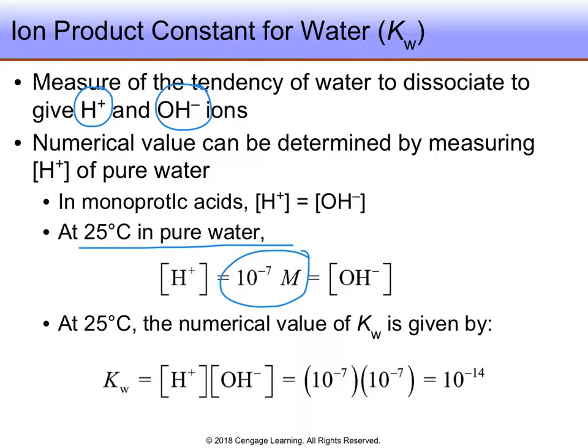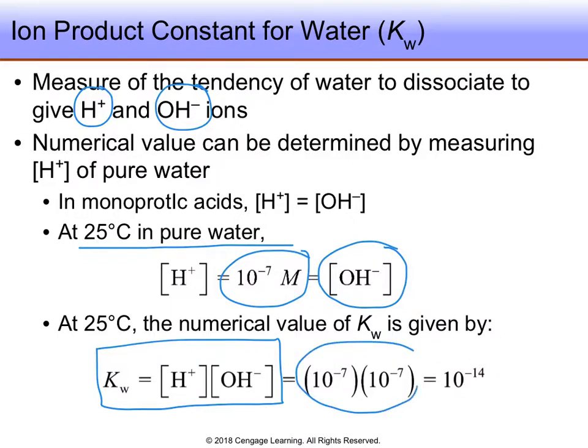Because it's an equal dissociation, this also equals the concentration of your base, or your OH minus. So if we look at the product constant Kw, which we know is H plus times OH minus from the previous derivation, we now know the two concentrations are equal. When we multiply those two, we get the value 1 times 10 to the minus 14.